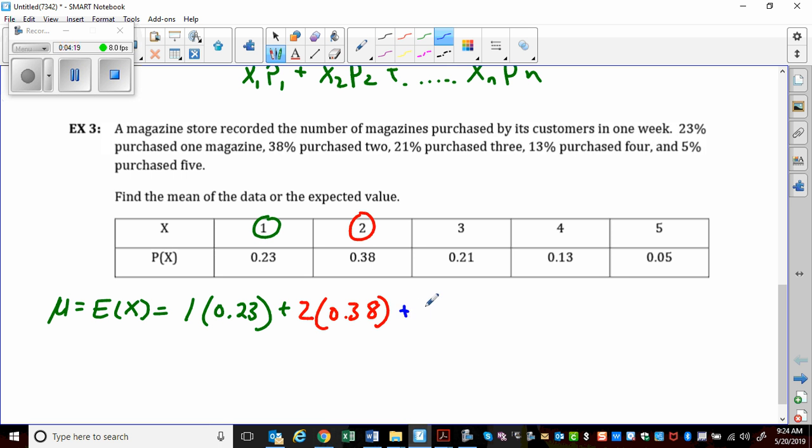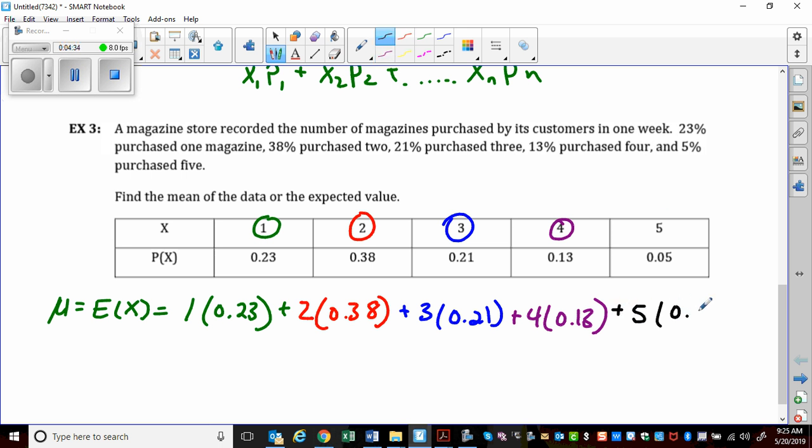Plus 3 times 0.21, plus 4 times 0.13, and plus 5 times 0.05, 5%. When we put this into a calculator, we get something like 2.39 is the mean. 2.39 magazines is the mean.